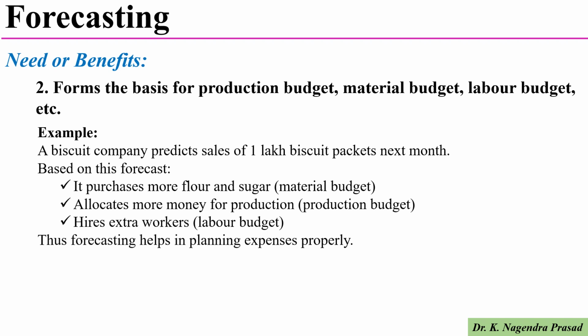This is with respect to the material budget. Similarly, the company allocates more money for production, which relates to the production budget, and moreover hires extra workers, which relates to the labor budget. So overall, forecasting helps in planning expenses properly. So forecasting forms the basis for production budget, material budget, and labor budget.